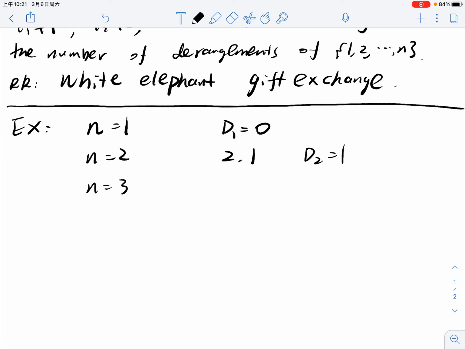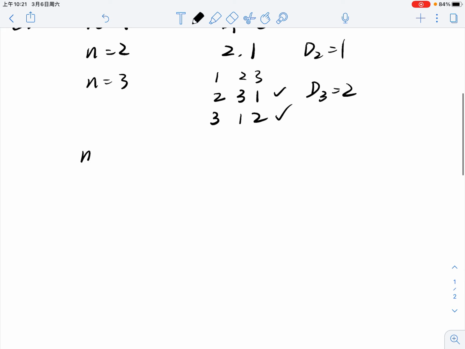When n is 3, you fix 3 positions, 1, 2, 3, and the first position takes value 2 or 3. If you start with 2, then the only allowable one is 2, 3, 1. And when you start with 3, you have 3, 1, 2. So D3 is 2.